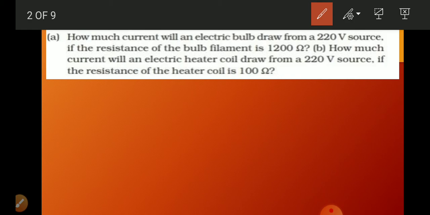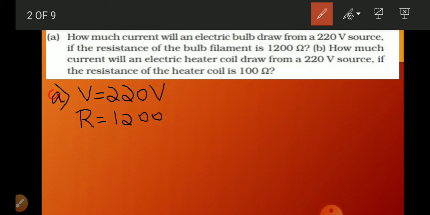So let us consider first A. Voltage is given, that is 220 volt. Resistance of the electric bulb is 1200 ohm.